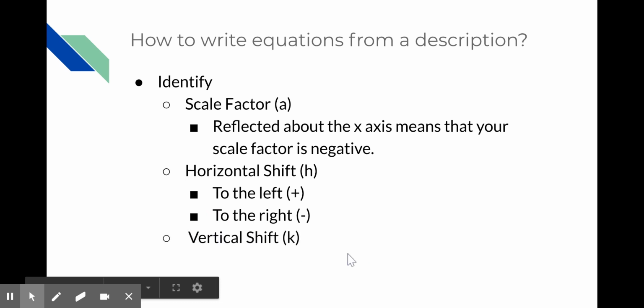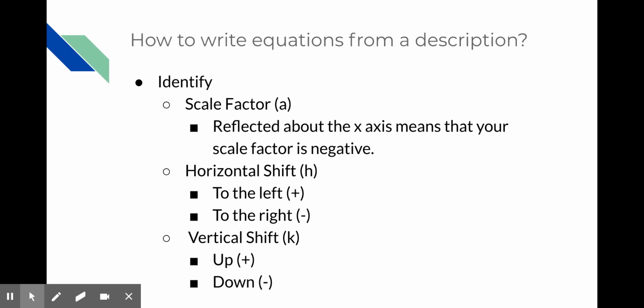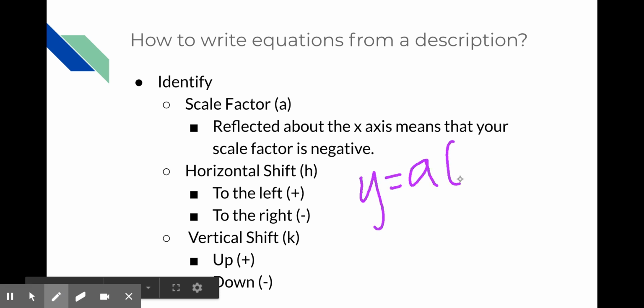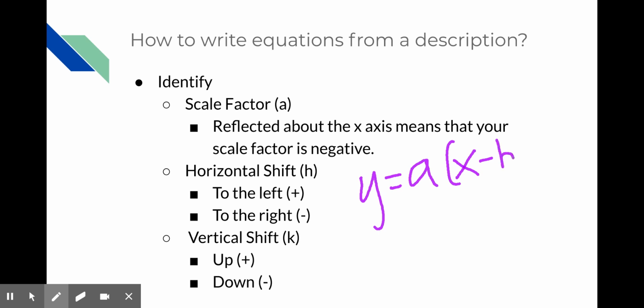And then your vertical shift, if it says positive, it's up. And if it says negative, it is down. And then you're going to take all of that and plug the information into this equation, x minus h squared plus k.